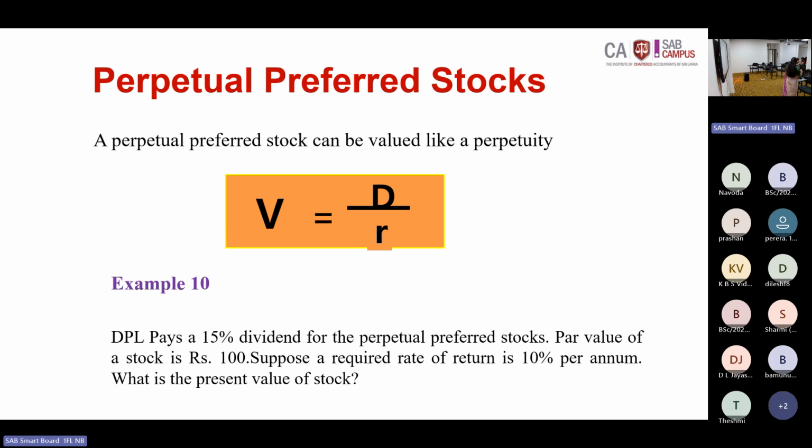Under that, we identified differential growth, zero growth, constant growth, and likewise. Next, preference share valuation includes two sets: those with a maturity time and maturity value, and those which don't have a maturity. That is what we have discussed under the valuation lesson.